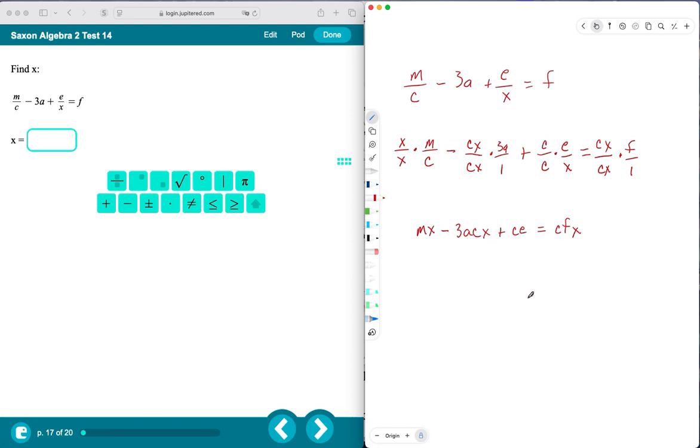All right, so now we have everything that we need to solve for x. So I have x over here, so I'm going to add 3acx to this side as well. And I'm going to subtract mx because it's the other x term.